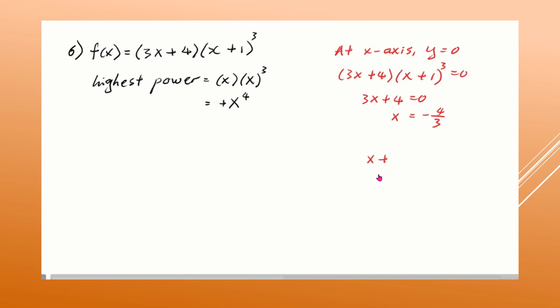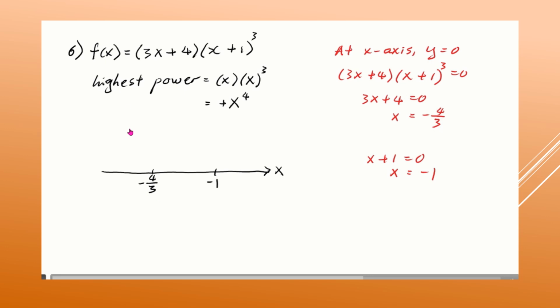And from the second factor, x plus 1 equals 0, so x is negative 1. Now we can start to label the x-axis. The value on the left is -4/3, followed by -1.